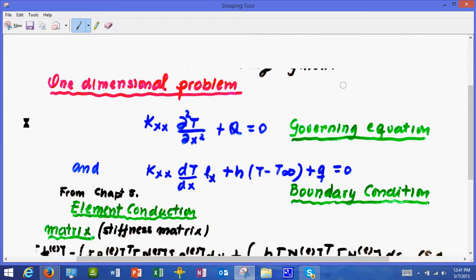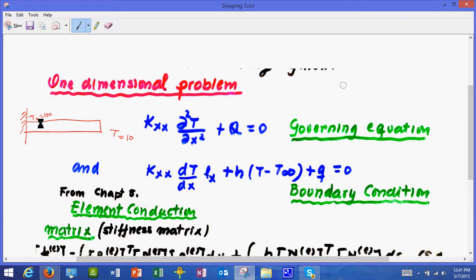Let's say this is a fin that we're going to draw, and you specify, let's say, T equals 10 degrees here, but T over here, T0 or 1, is equal to 100 degrees.